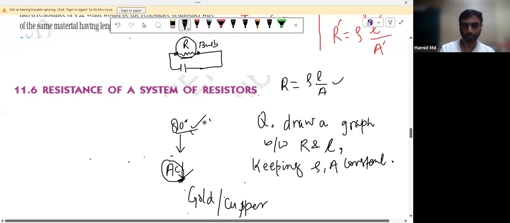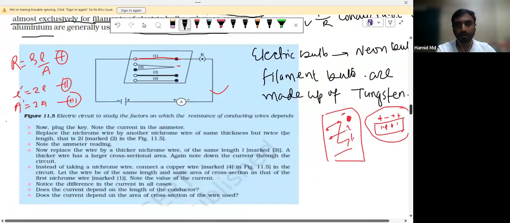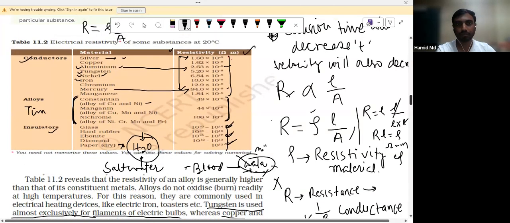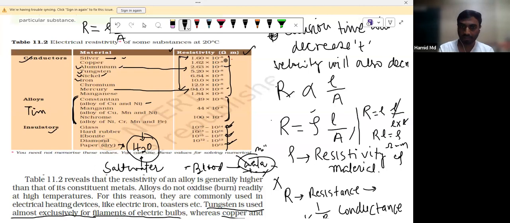How the resistance depends upon the material, we already discussed. So again, we are going back to show you this table. Silver is an expensive material, and it has 10 to the power minus 8 resistivity.